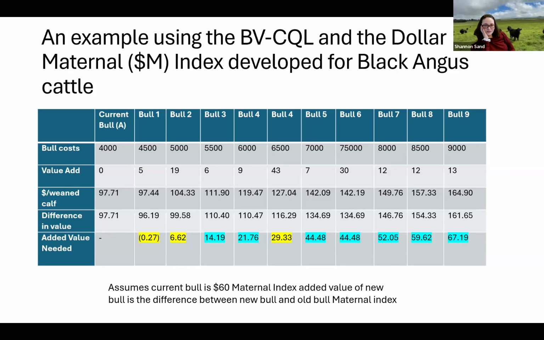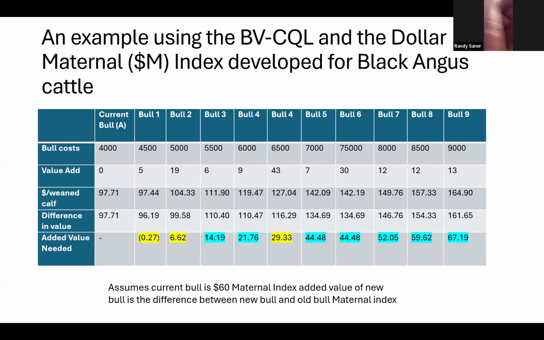The difference in value compared to my old bull was 134.69, the exact same as bull 6, but the value added for both those bulls was 48. Go to 7, he was a little higher priced bull, and the value added for him was $12 more, and he was 52.05.